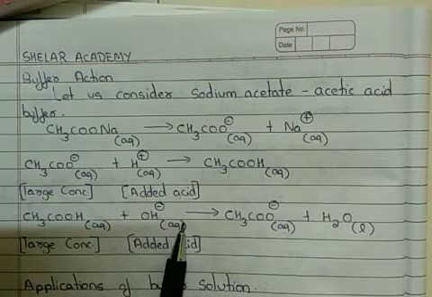Third point, what will happen if we add water? Dilution also does not affect the pH of the buffer. Why so? Because the concentration ratio term in the equations will remain the same. It is not going to alter the concentration, and as it does not alter the concentration, dilution will not change the pH of the buffer.